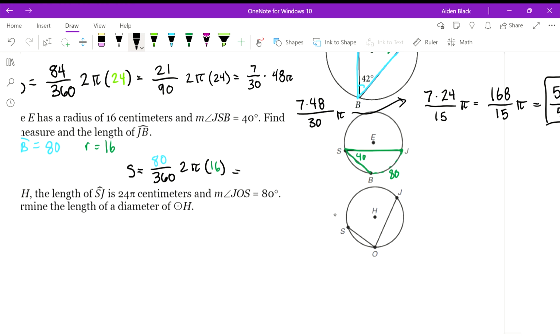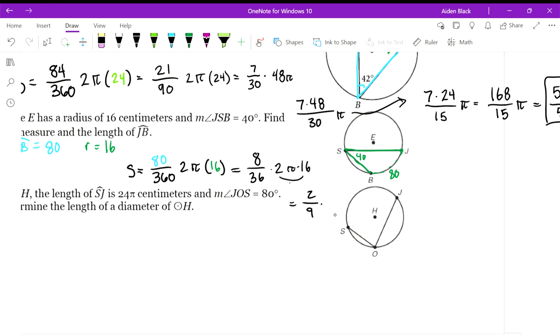Well, we know at least the top and bottom are divisible by 10, so we'd end up with 8/36 times 2 times pi times 16. And then 8 and 36 are both divisible by 4, so we should end up with 2/9.